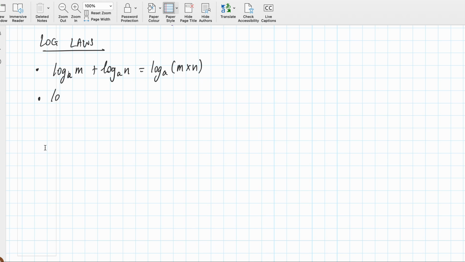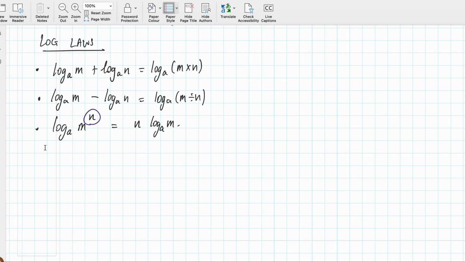Log a m take log a n is equal to log a of m divided by n. The last one is log a of m to the power of n is equal to n log a m. So we can see in this case, this n moves down here, or if you want to think about it, the m moves up there. So we can switch between them.